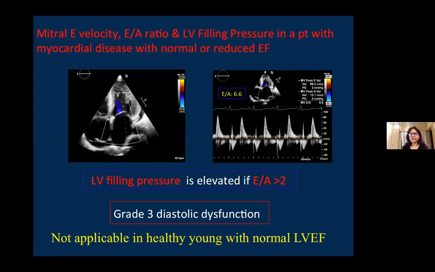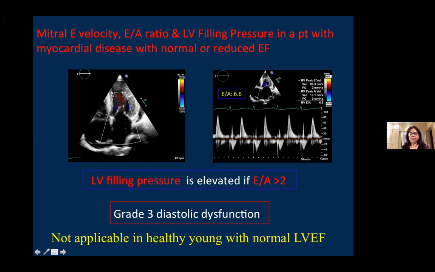So that makes the E wave very tall. And most of the filling takes place during the early rapid filling phase due to active myocardial relaxation in the young heart, where there is normal ejection fraction and the myocardium is absolutely healthy. Still, we may get this pattern, but we never label it as grade 3 diastolic dysfunction.